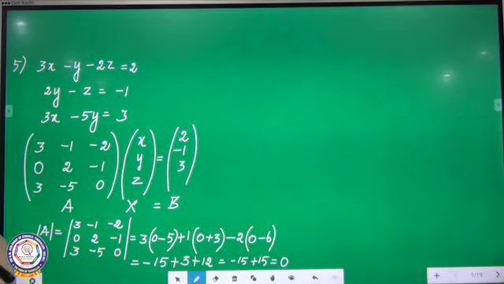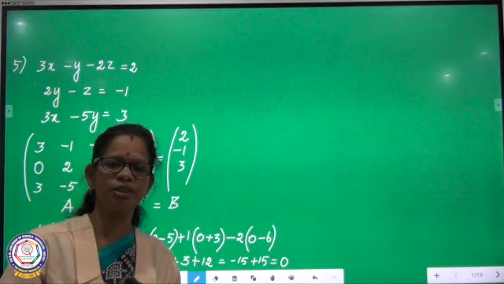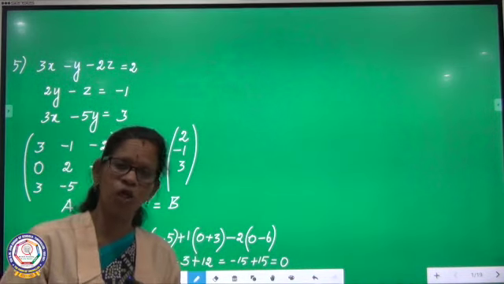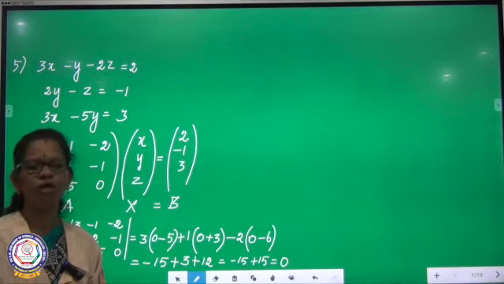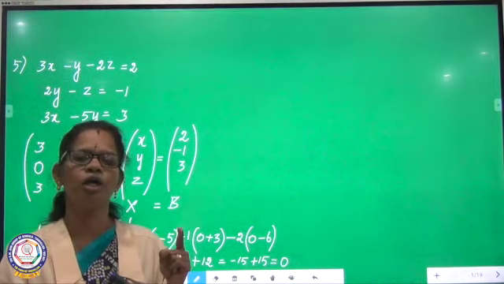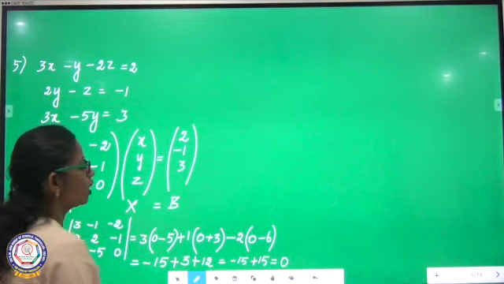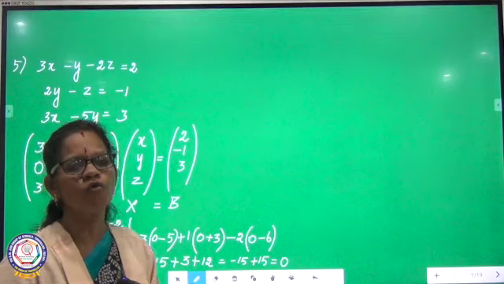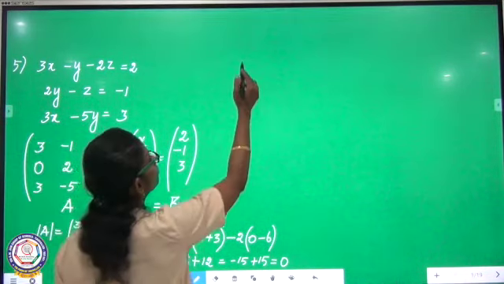See, only if determinant A is not equal to 0, you can conclude the system is consistent and has a unique solution. When you arrive at determinant A equal to 0, immediately you want to evaluate adjoint of A into B. For that you want to find the cofactor of A. What is our A here?